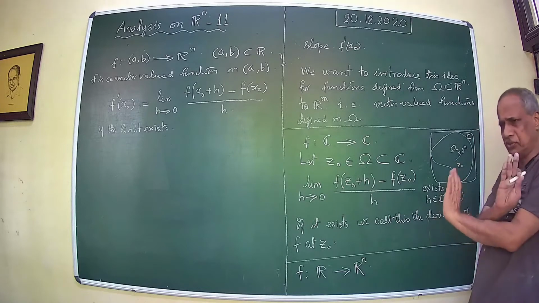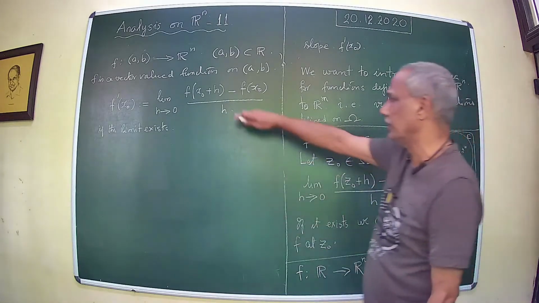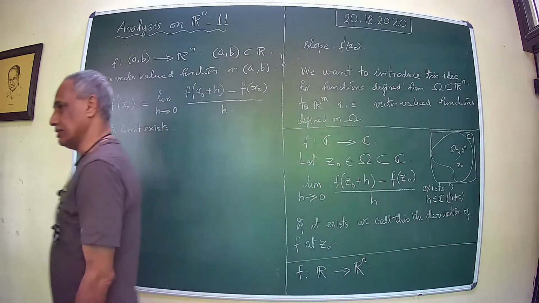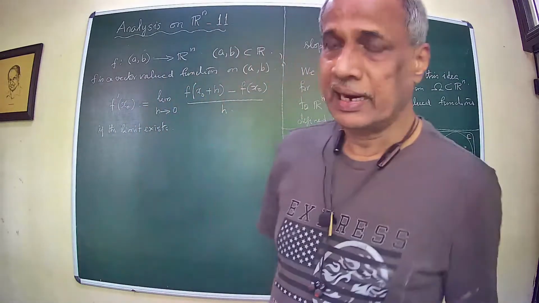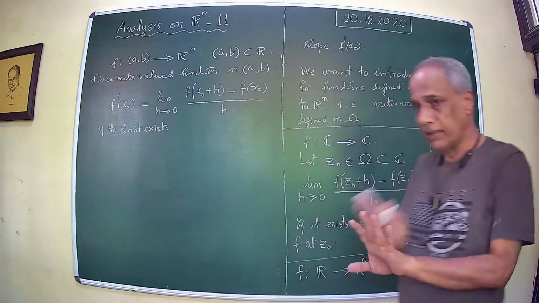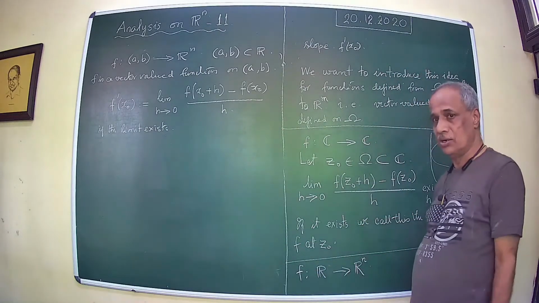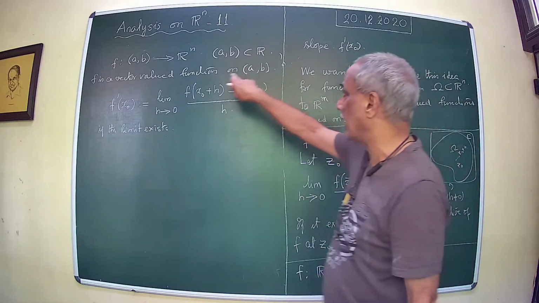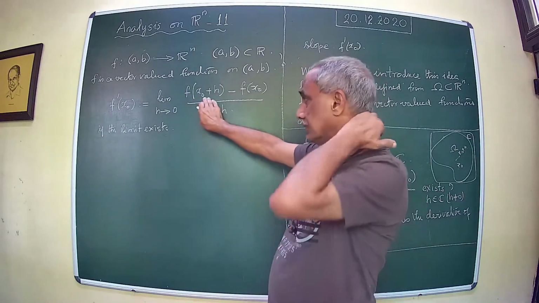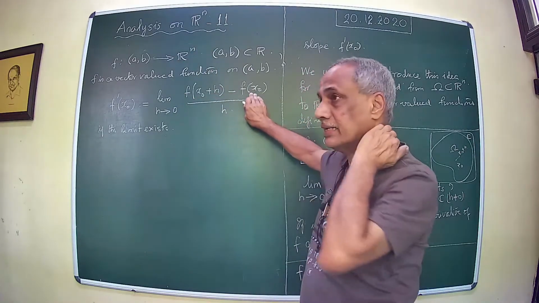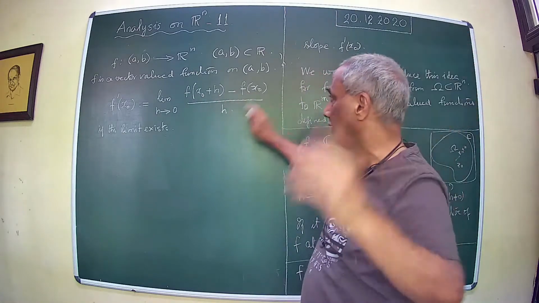There is absolutely no difficulty, because if you look at the numerator, what you get is a difference of two vectors. And this is well defined because you have got the linear space structure on the range space Rn. So you can talk about the difference, because you know that this is a vector in Rn, this is a vector in Rn, therefore the difference is well defined.